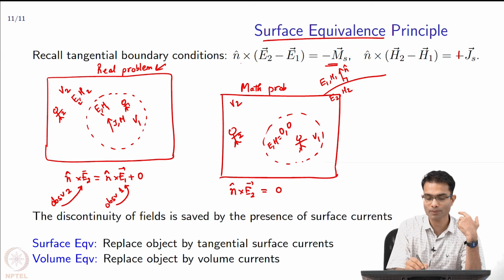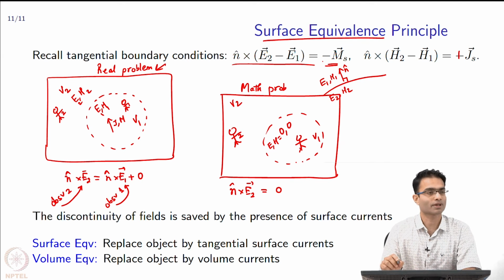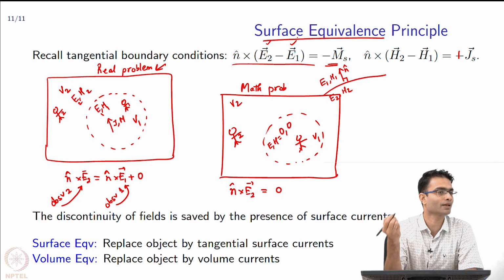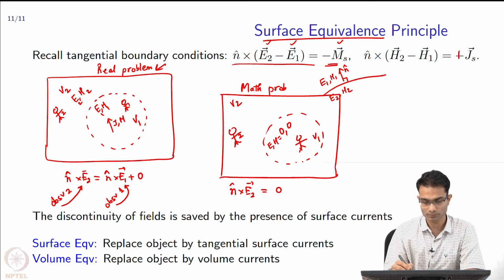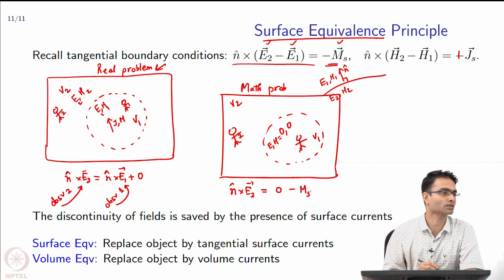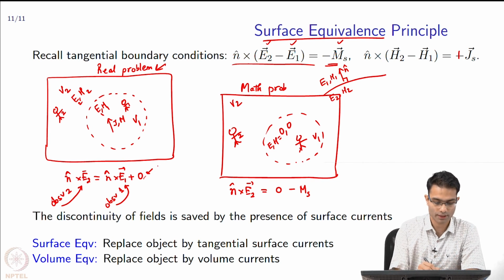If I look at the boundary conditions over here, these two are being fixed by observer 1 and observer 2. So, where is the remaining gap? It is in this term over here. So, if I introduce a mathematical current, Ms, in this case Ms was 0, this was Ms.